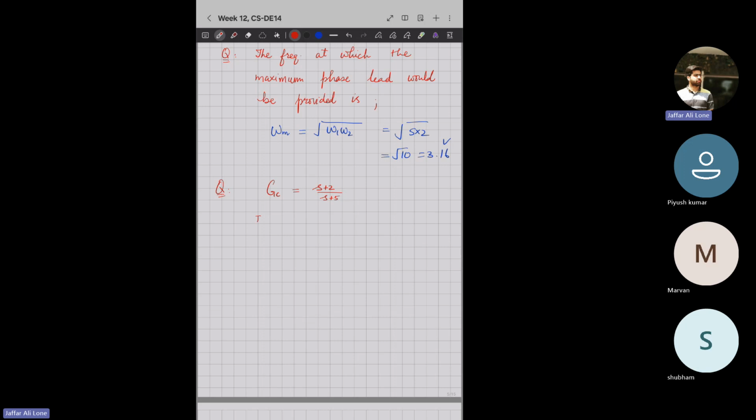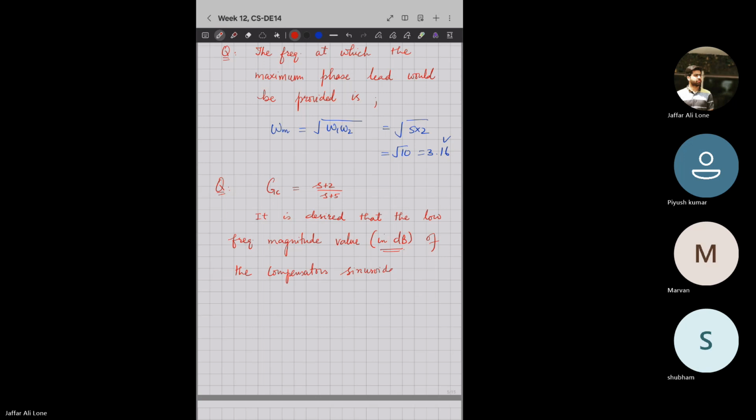In problem 2, it is desired that the low frequency magnitude value in decibels of the compensator sinusoidal transfer function be 20 decibels. Then the value of the parameter Kc.